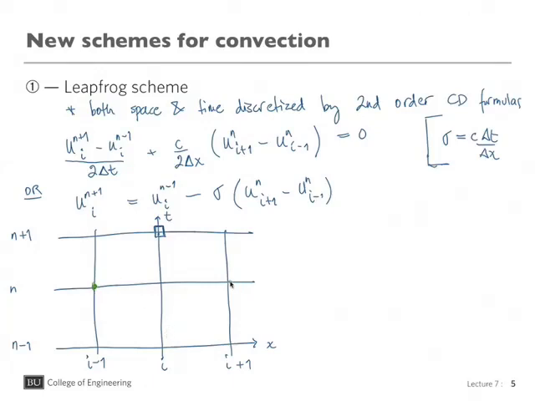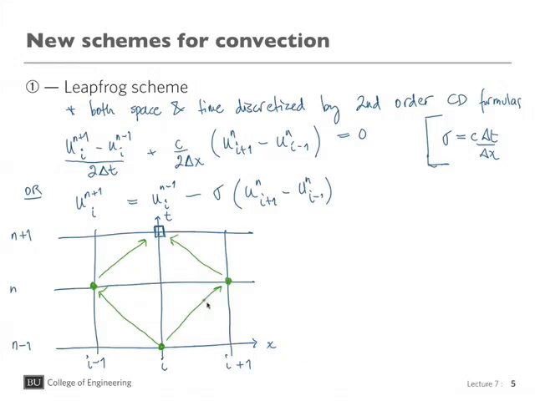the points on both sides at n, right? i plus 1, i minus 1 at n. These are the 2 points, mesh points here. And at n minus 1, we use the point at i. So basically, we're transmitting the information, if you will, in our time marching calculation in this way.